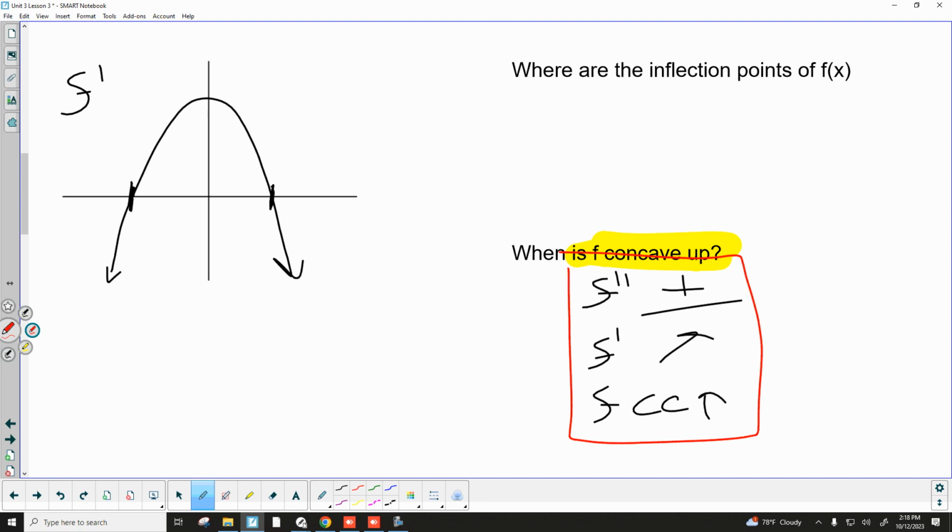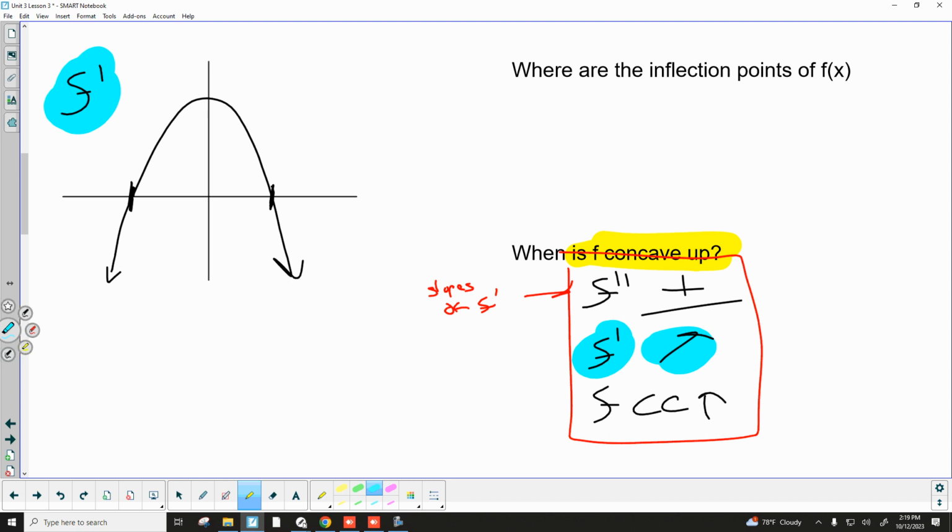Answer the question, tell your neighbors, when is f prime going up? When is f double prime positive? Nailed it. You got it, because you looked at the chart. F prime is going up, or the slopes of f prime are positive.